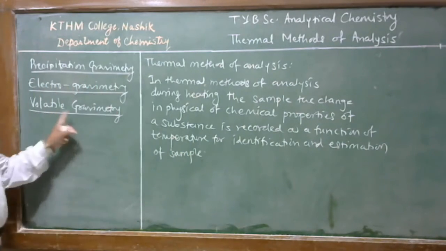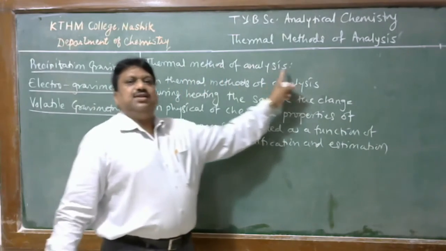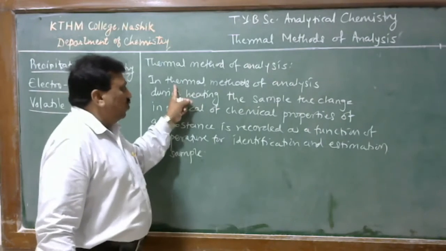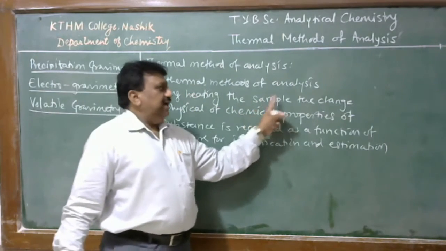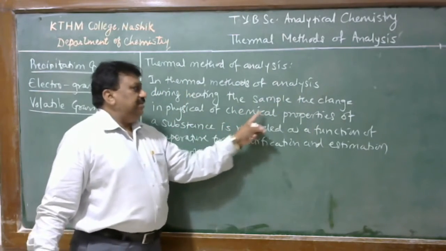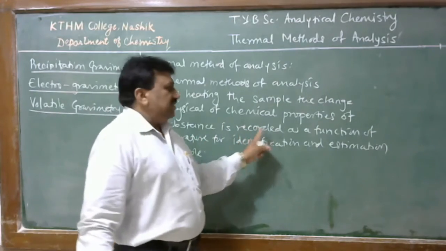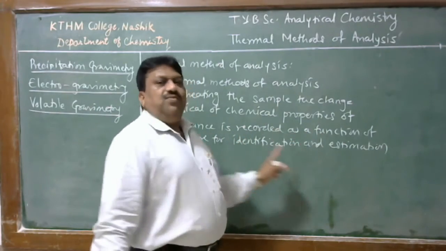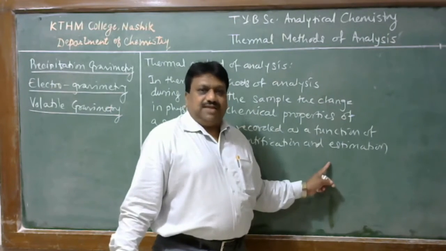Therefore, volatile gravimetry is the name given to the thermal methods of analysis in which the sample is heated, and during heating the change in physical and chemical properties of a substance is recorded as a function of temperature for identification and determination of the sample.